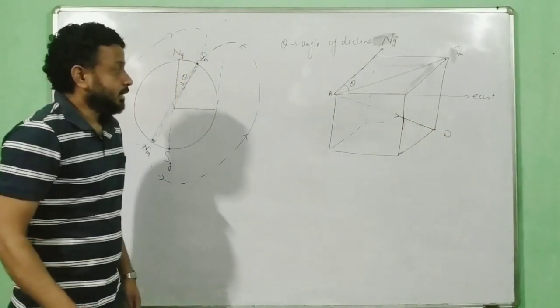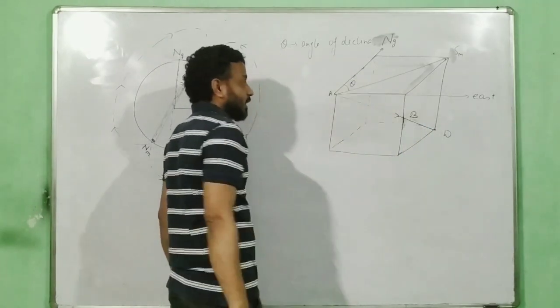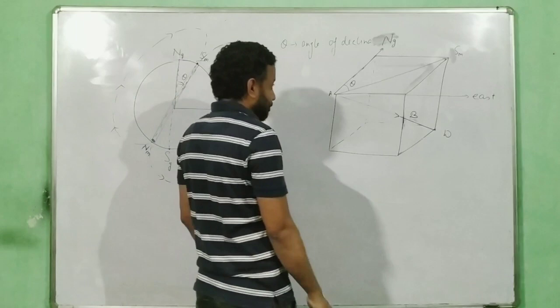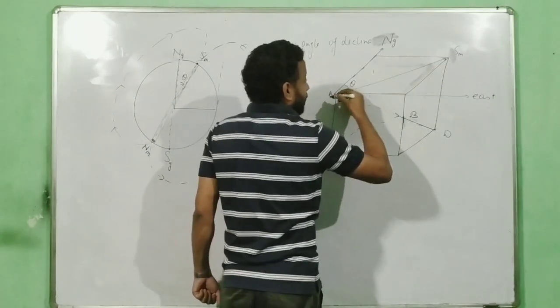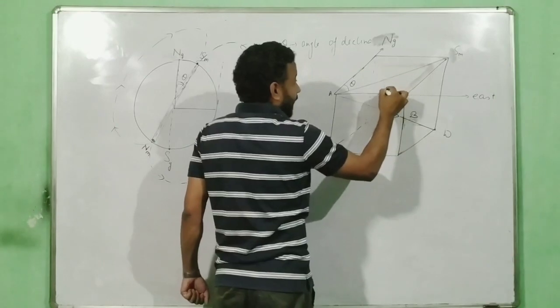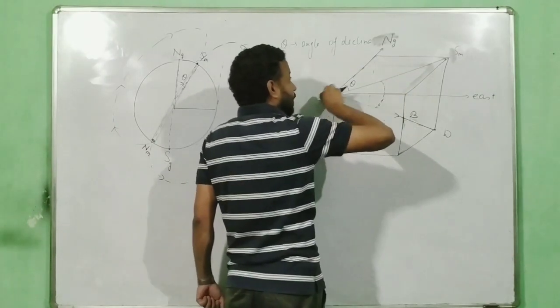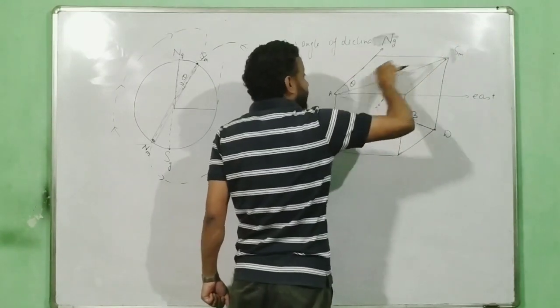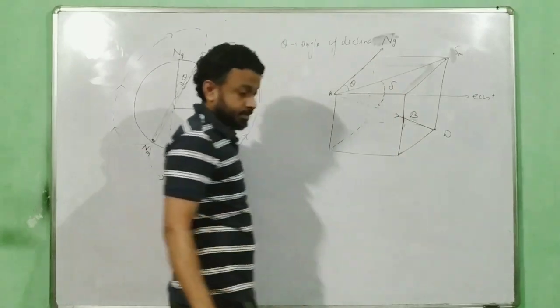This is the net field. Now this net field, remember this magnetic meridian. Now if I consider an angle between the magnetic meridian and the net field, this is called delta, the angle of dip.